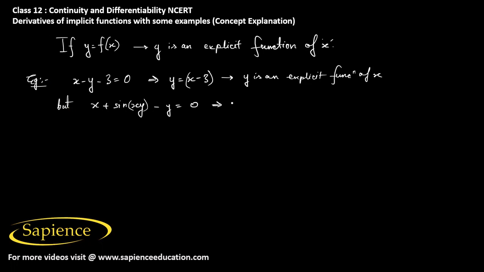But if I have x plus sine of xy minus y equal to 0, then we can't write y as a function of x. I can write y equals x plus sine xy, but here y cannot be isolated from x. So when y can be isolated, we can write y as an explicit function of x.